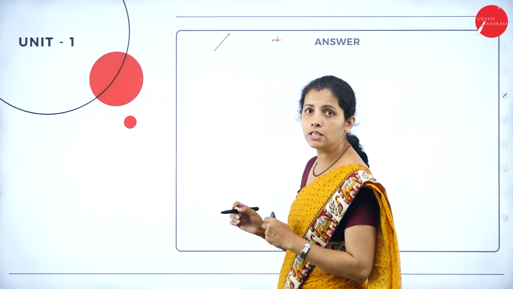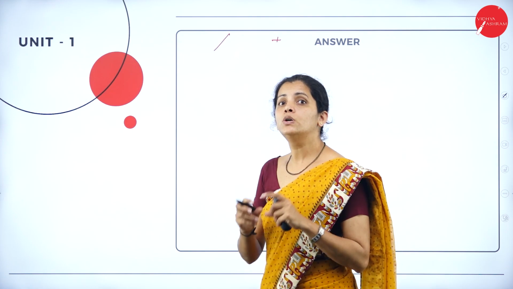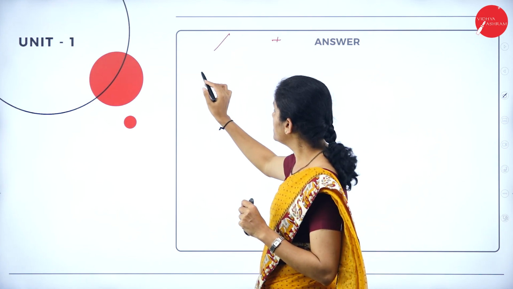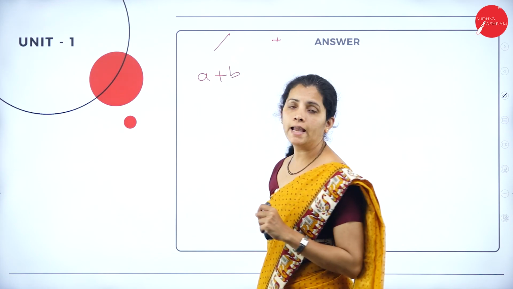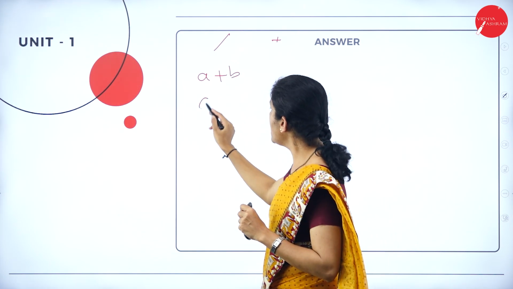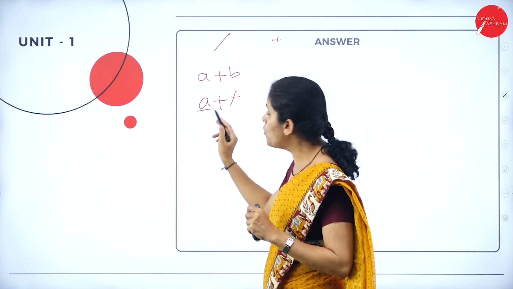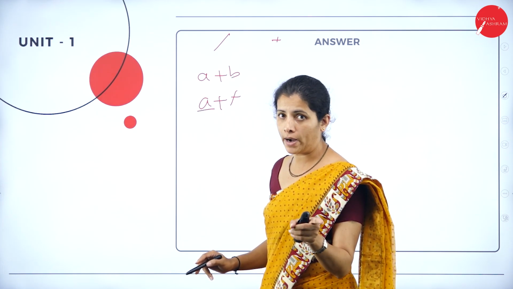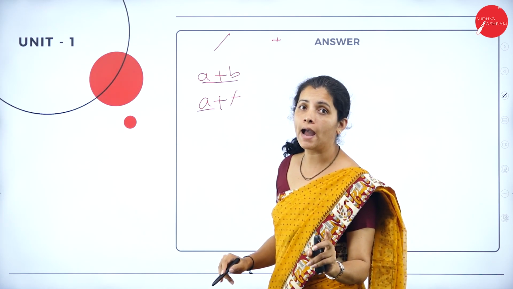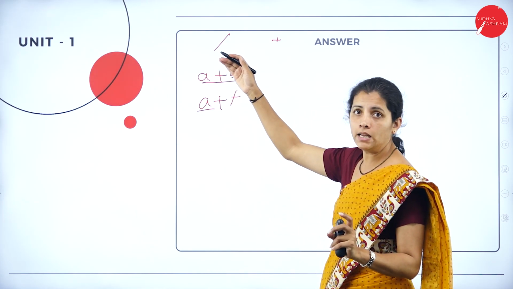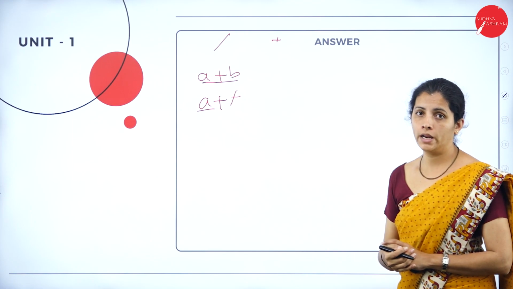So binary in the sense what? Only two values. Okay, so binary: A plus B. Then unary: A plus plus. So I have only one operand. If I consider binary, I have two operands. So these are the binary and unary operators.